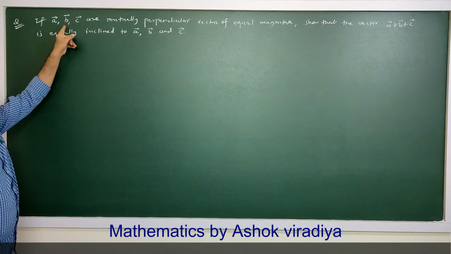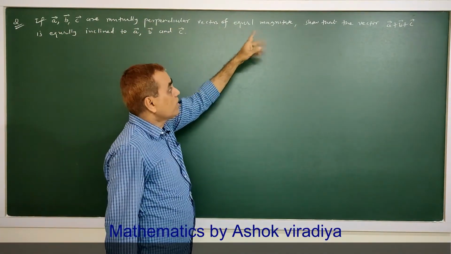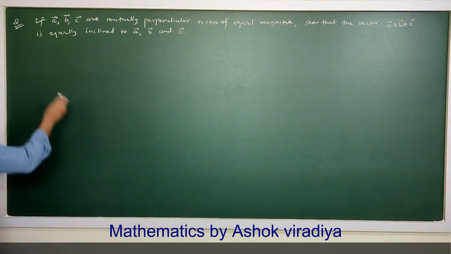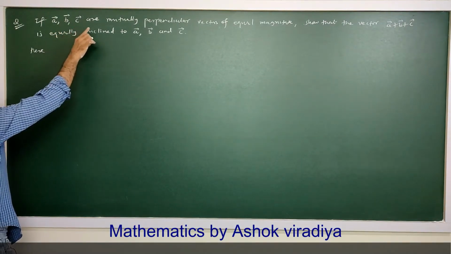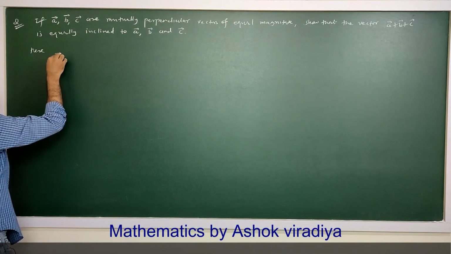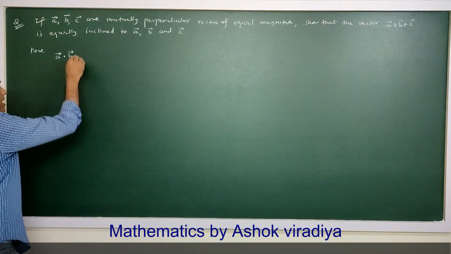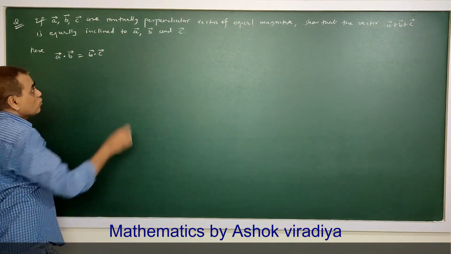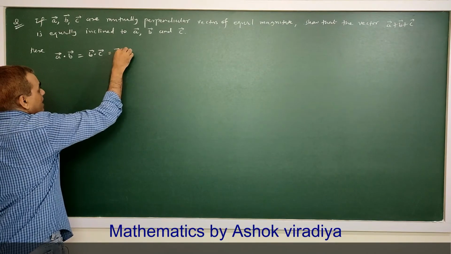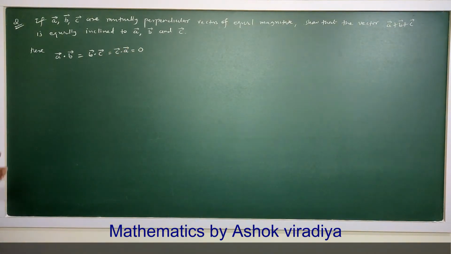If vectors A, B, C are mutually perpendicular vectors of equal magnitude, that means vector A dot vector B is 0, vector B dot vector C is 0, and vector C dot vector A is 0, pairwise, because they are mutually perpendicular.